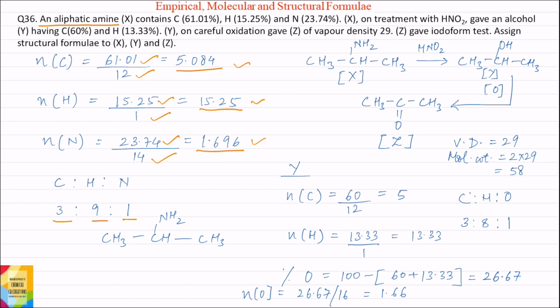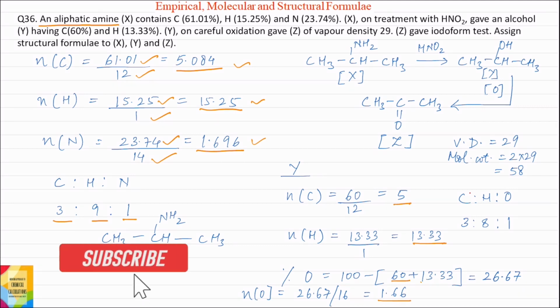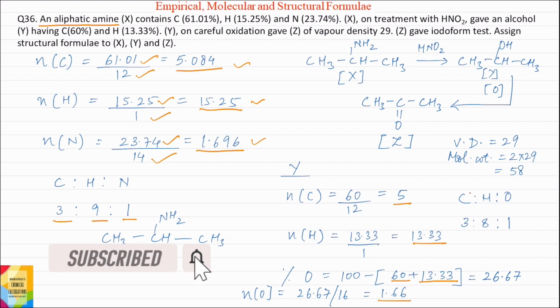Now moles of carbon in Y is 5, moles of hydrogen in Y is 13.33 and moles of oxygen in Y is 1.66. For moles of oxygen, we will subtract percentage of carbon plus percentage of hydrogen from 100 and we get percentage of oxygen, that is 26.67%, and dividing the percentage of oxygen by its atomic weight gives the moles of oxygen.